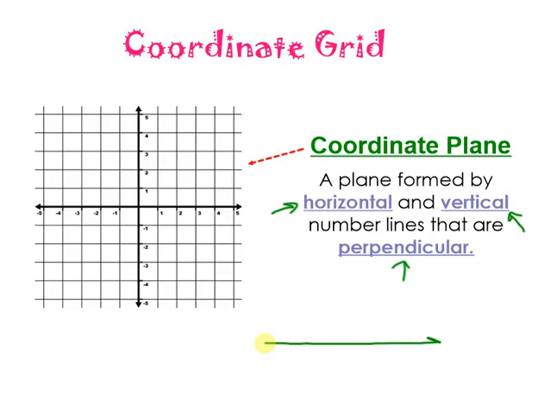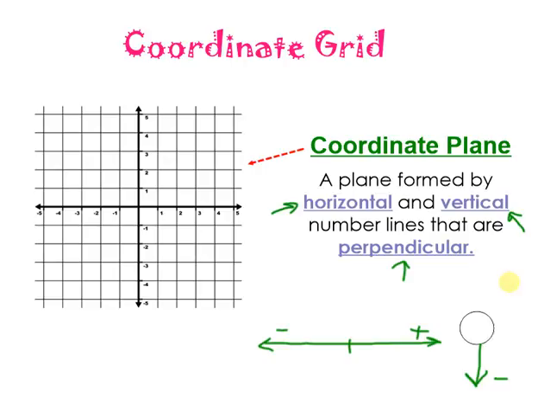So here's the number line that you're used to. 0 is in the middle, all this is positive, and all this is negative. Now, perpendicular means that they're going to cross each other. Now, if I had another one that was vertical, again, 0's in the middle, all of the numbers above 0 would be positive, and all of the ones below 0 would be negative.